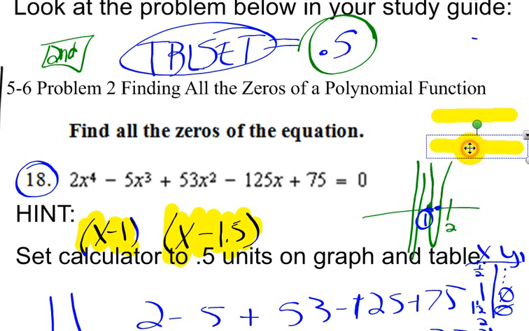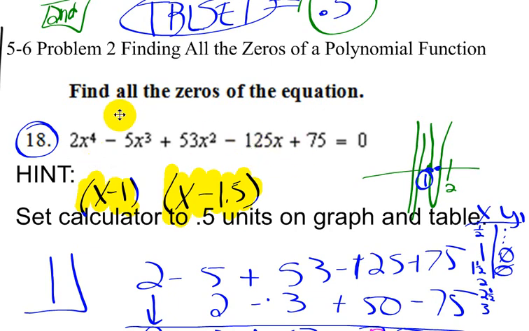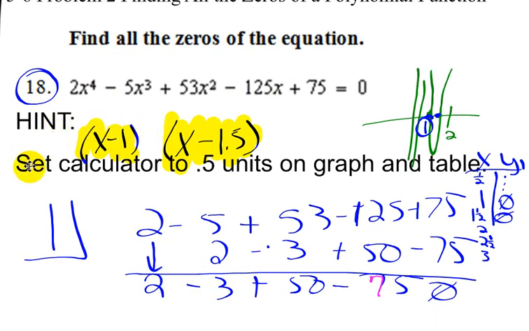So I give you the hint on the calculator and on the problem. So set calculator to 0.5 units on the graph and your table. So you want to do it in both spots. And those are on your cheater sheet, how to do it. And then I also tell you how to set them back.